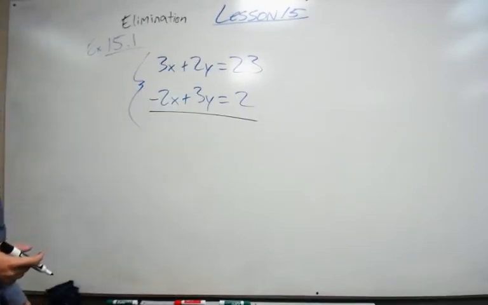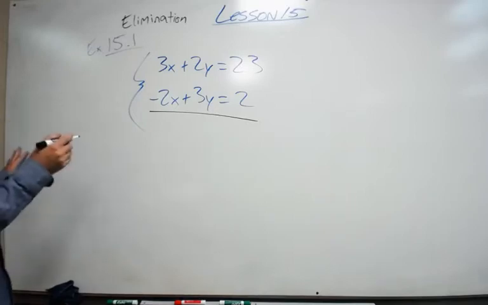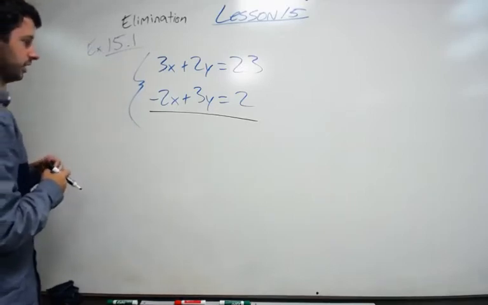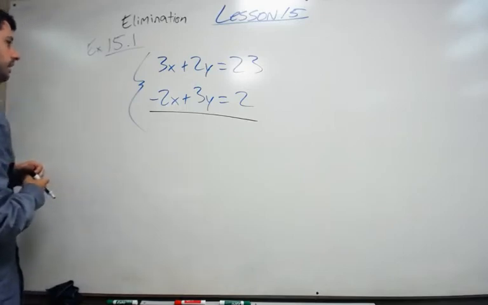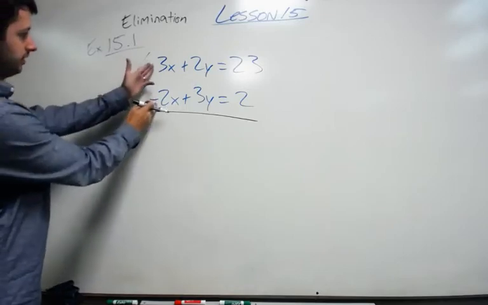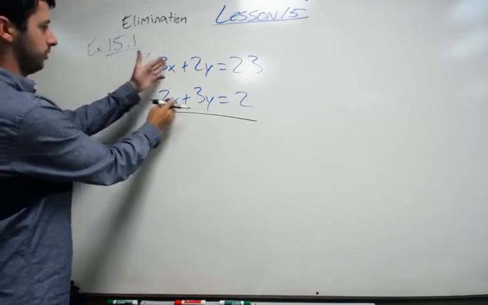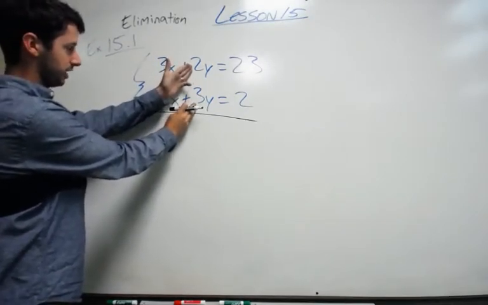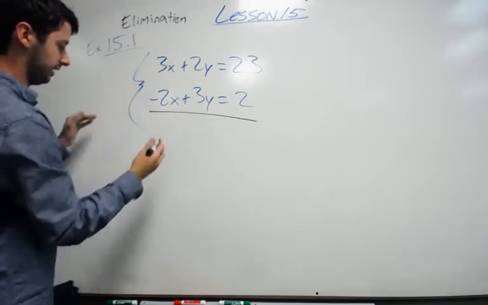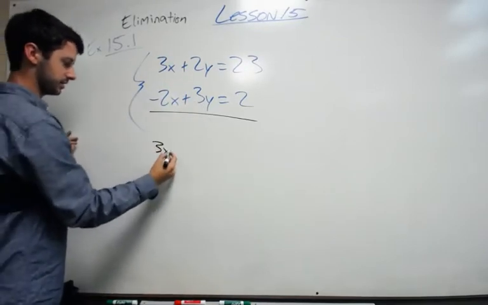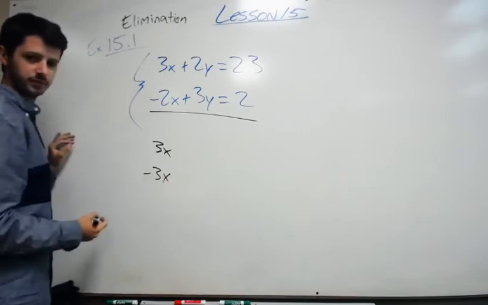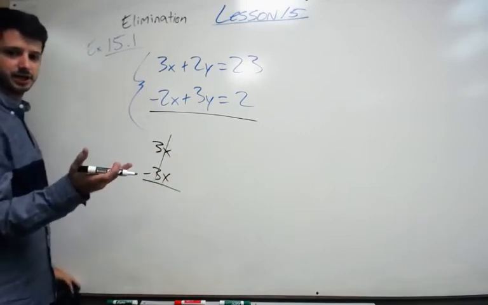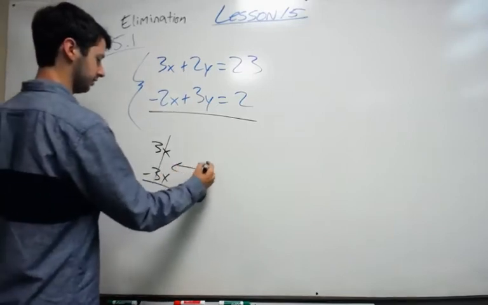Well, what we want to do in elimination is multiply the top and the bottom, or maybe just one or the other, in order to get the number attached to the x or the number attached to the y to be the opposite. For example, we want an instance of something like 3x and a negative 3x, because when we add those together, they cross out. They eliminate. That is elimination.